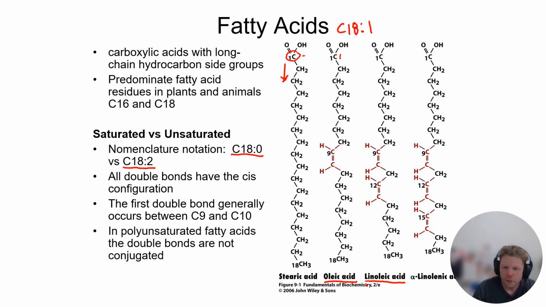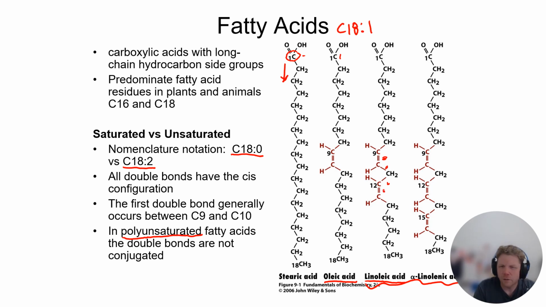Linoleic and alpha-linolenic acid are examples of polyunsaturated fatty acids, meaning they have 2 or more double bonds. The double bonds are not conjugated, meaning whenever you see a polyunsaturated fatty acid, you should expect to see a pattern of a double bond followed by a single bond, followed by another single bond, and then a double bond.